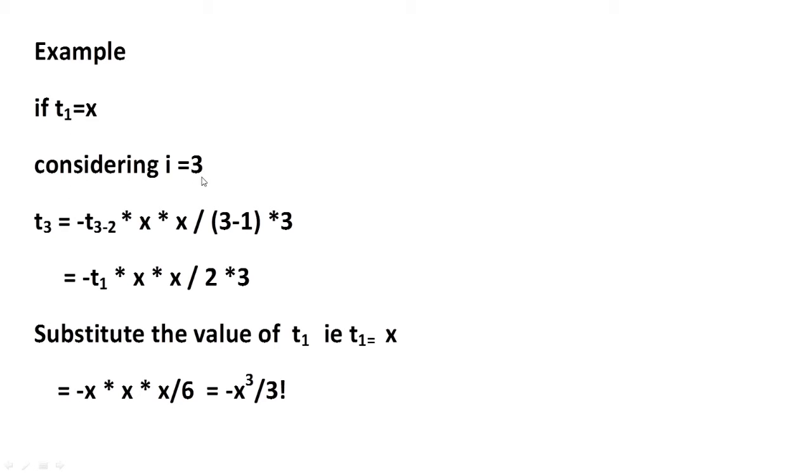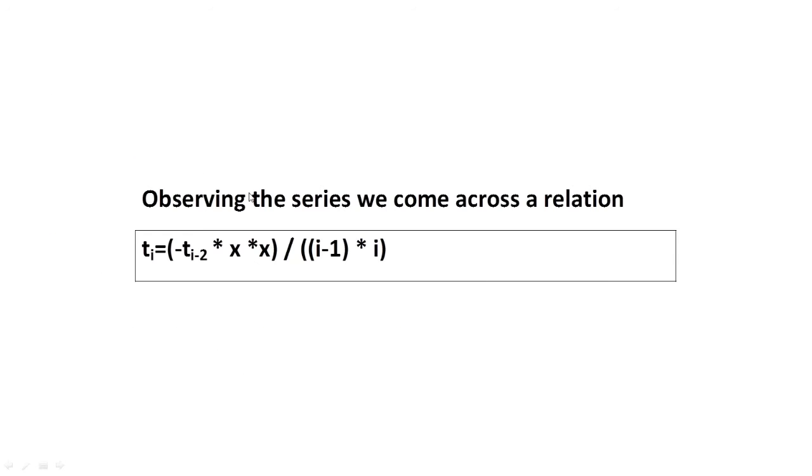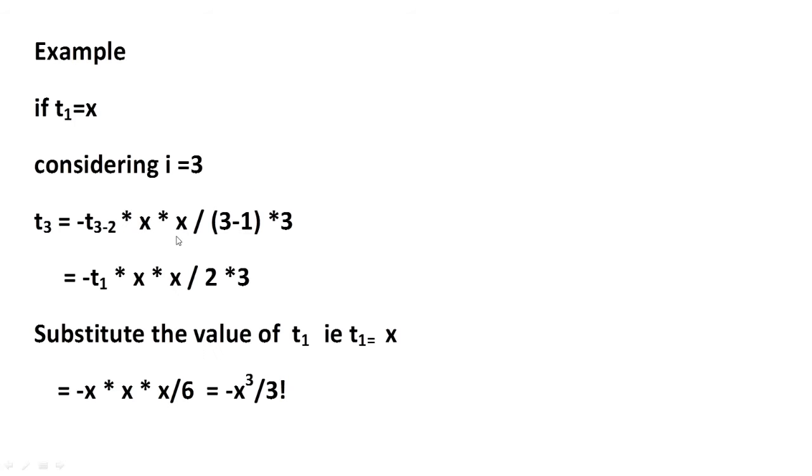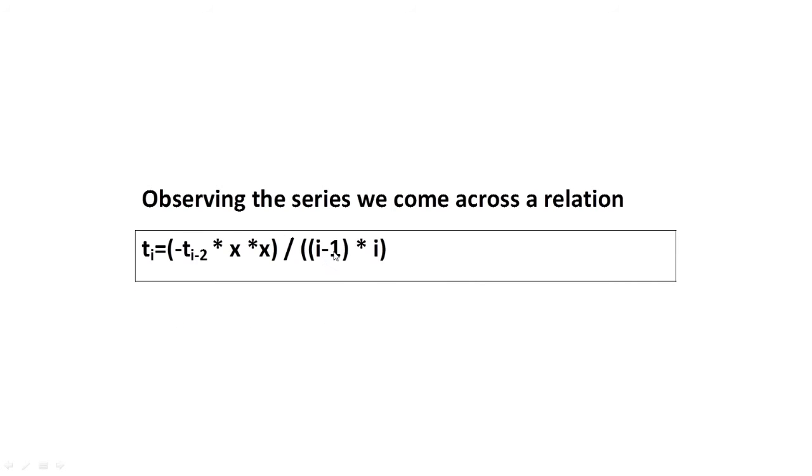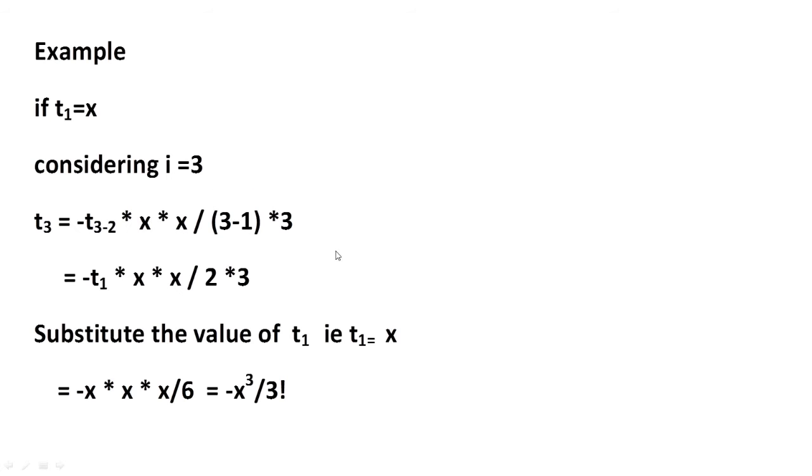So T3 equal to minus of T3 minus 2, that is T1, into x divided by (3 minus 1) into 3. In the relation we have i minus 1, and as i is 3, it is 3 minus 1 into 3. Further evaluating, we get minus of T1 into x divided by 2 into 3.